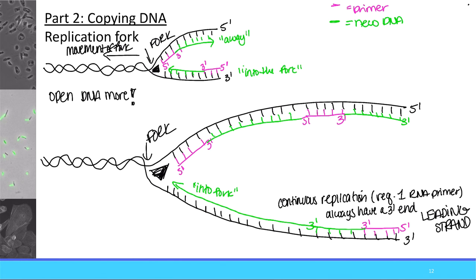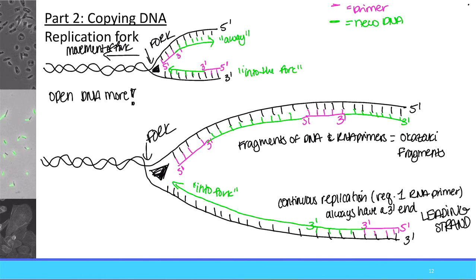So what we have here is we have these fragments, and these fragments are of DNA and RNA primers, and they actually have a special name. They are called Okazaki fragments, and they are named after the scientists that discovered them. And because this strand has to have a primer laid, and then we fill in, the DNA gets opened more, we lay a primer, fill in the DNA.